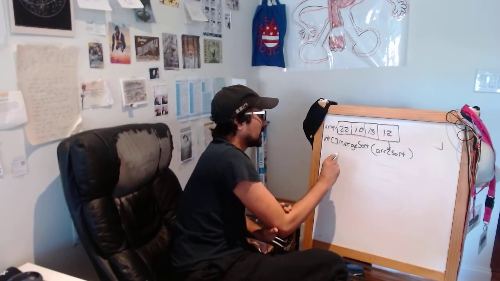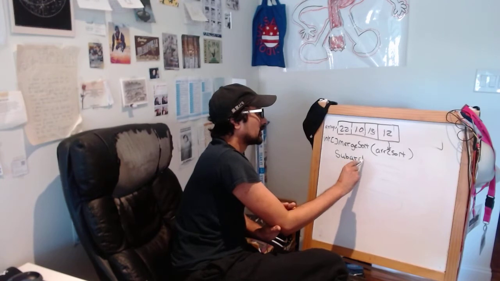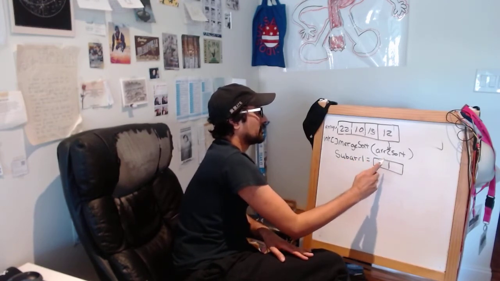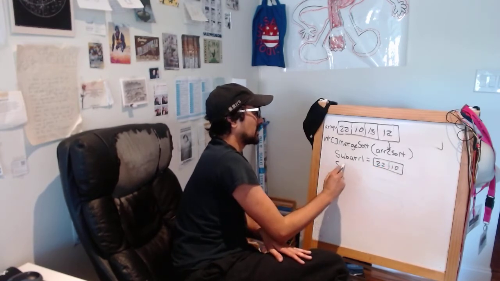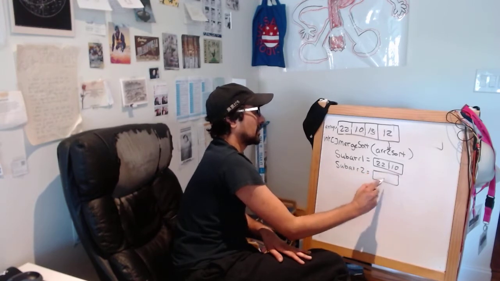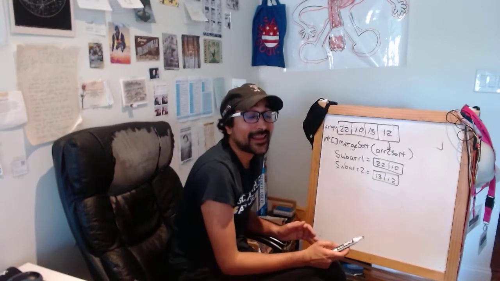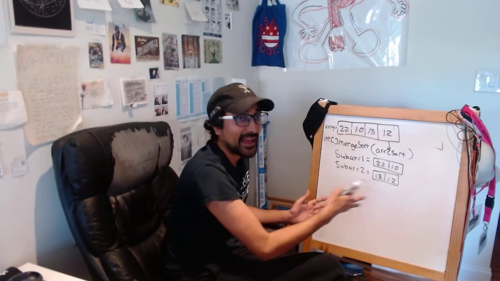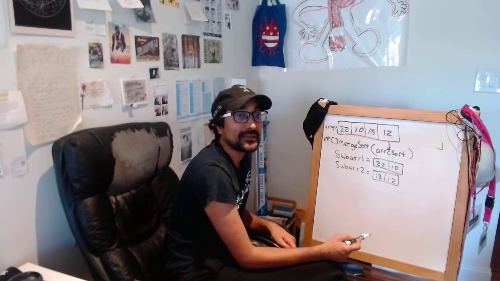So subarray 1 will, after this process, be 22 and 10, and then subarray 2 will be 13 and 12. Remember, it really doesn't matter if there's an odd number and one has 3 and one has 2. It has no meaning to it.